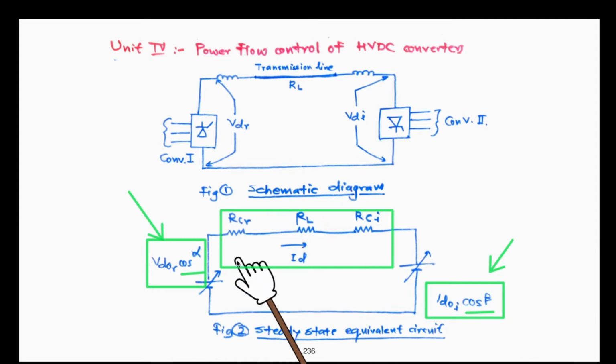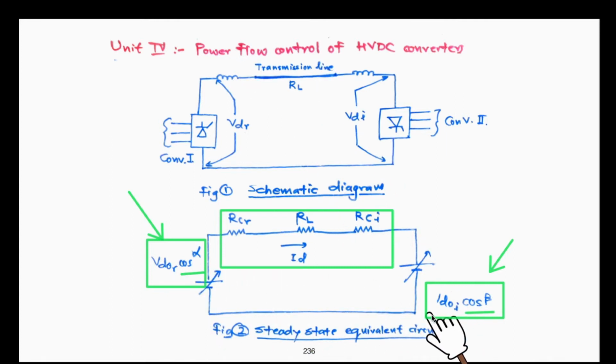Fine. And these are not the control variables. We cannot control them. These are simply passive elements. Active elements are here. AC side voltages can be controlled by using tap changing transformer, and firing angle control by giving proper command to the microcomputer or a microprocessor, right? So 4 variables will be used for power flow control.